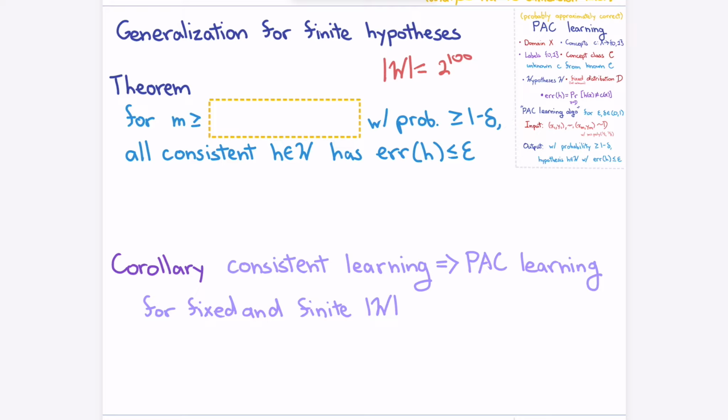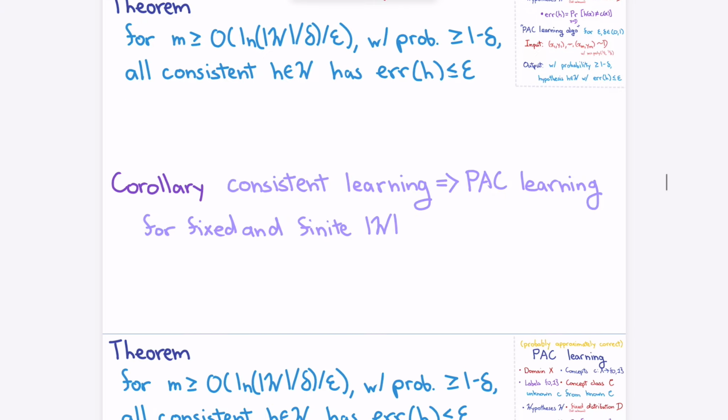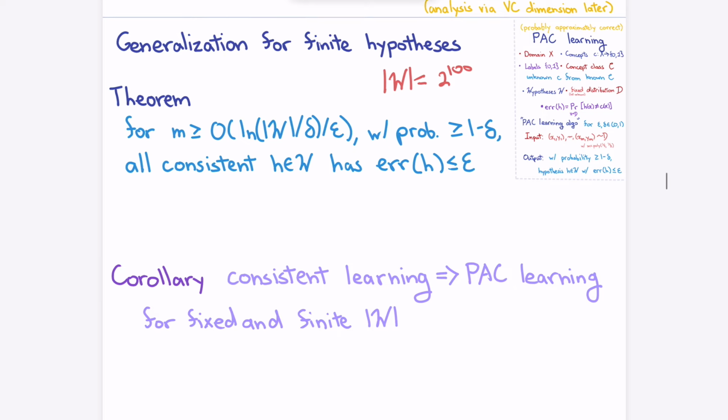How many over epsilon squared? If by W you mean the cursive H, something like log of H over delta, over epsilon. Did you say epsilon squared or epsilon? Okay, epsilon. Good. I guess we'll prove it in a moment.